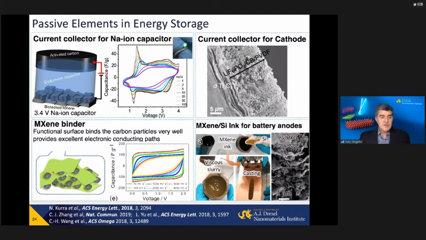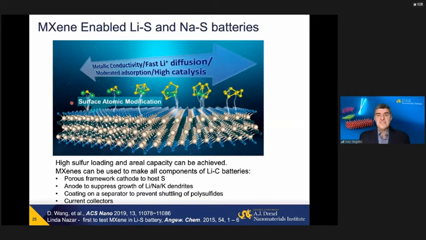And you can use them instead of polymer, even instead of activated carbon, in an electrochemical capacitor to accelerate and improve charge storage. And of course, these applications are finding use in many different systems, for example, in lithium and sodium sulfur batteries, where MXenes can be used as a host for sulfur.